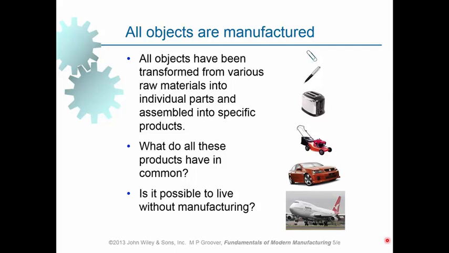Even the early man manufactured simple tools for hunting, for cutting, and in order to make a home. So even if we want to live like an early man, still we need to manufacture some products. So we can say that it is impossible to live without manufacturing.